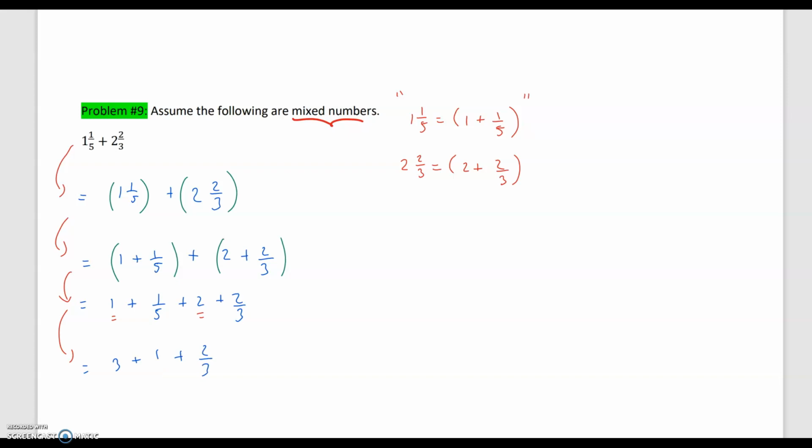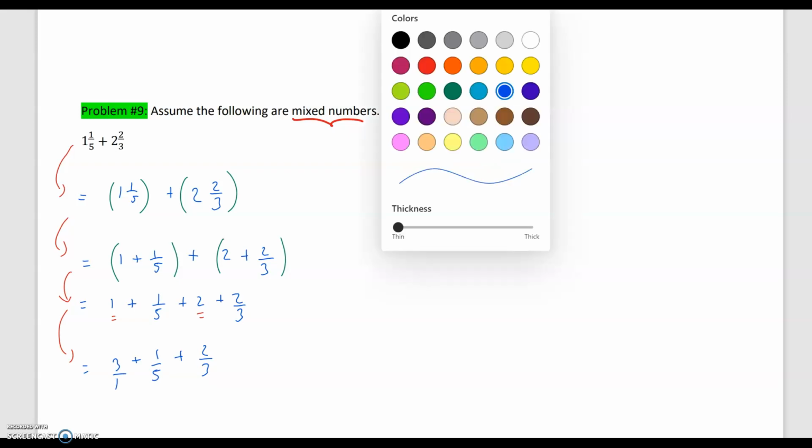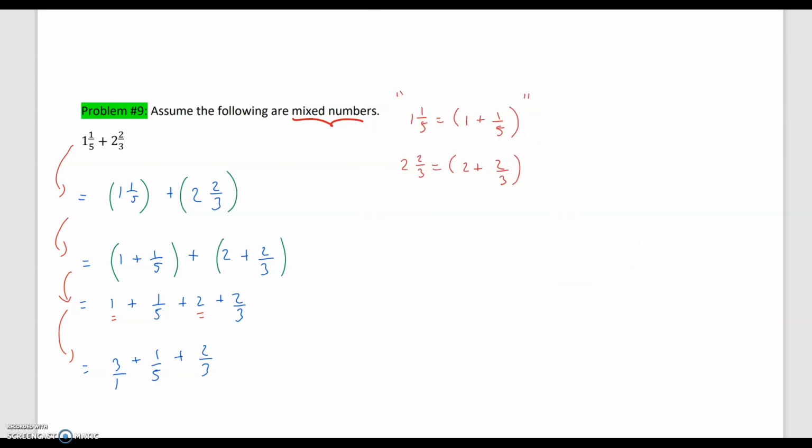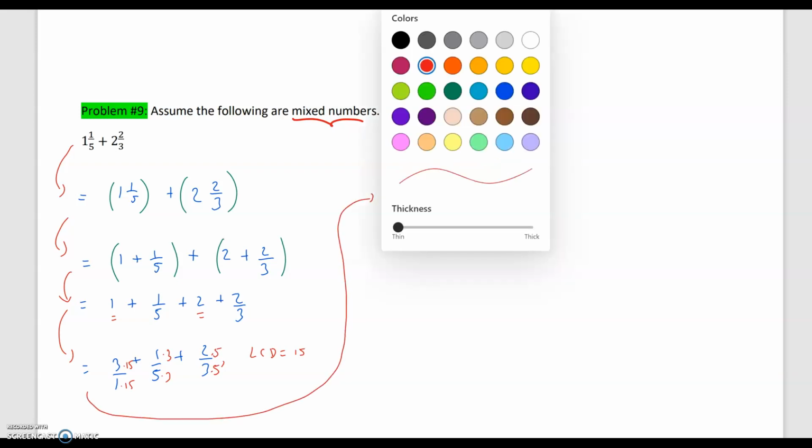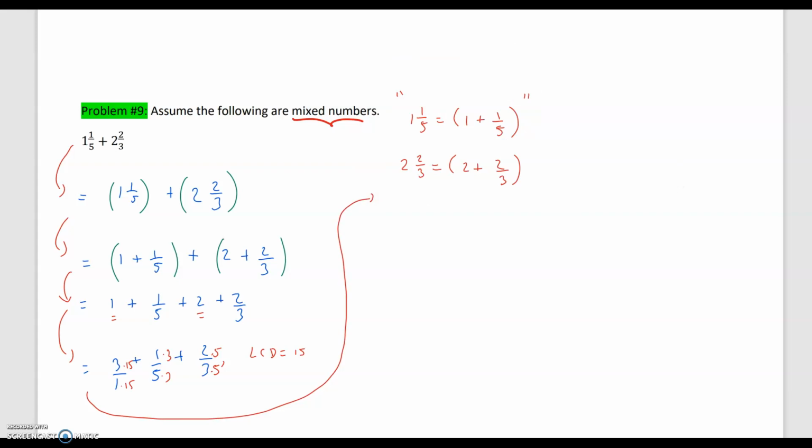And let me rewrite the 3 as 3 over 1. And then what's easier here is to just treat it as 3 separate fractions. Your LCD is equal to 15. So you're going to multiply times 15 the first fraction, times 3 the second fraction, and times 5 the following fraction.